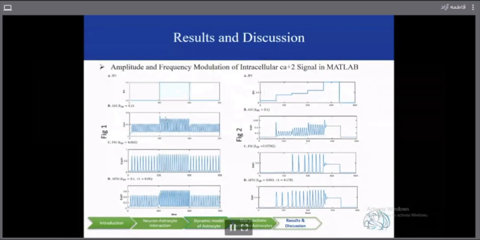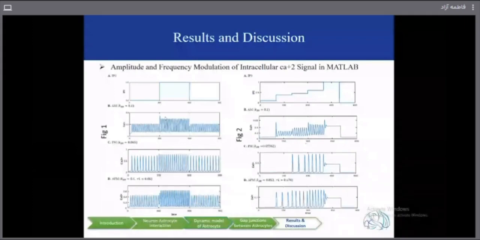The basic AM and FM behavior of the model is shown in figure 1 B, C, D. In this experiment, the amplitude of the stimulus, I mean IP3, is set at 0.4, then it is increased to 0.5 in the time interval 3 to 6 seconds, and finally it is reduced to its original value.